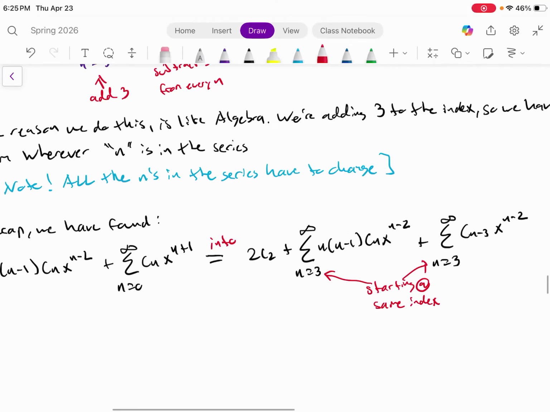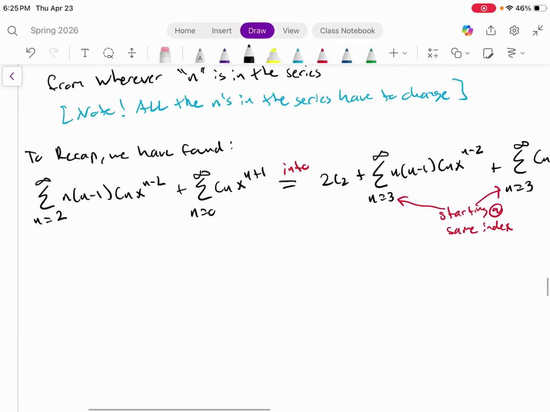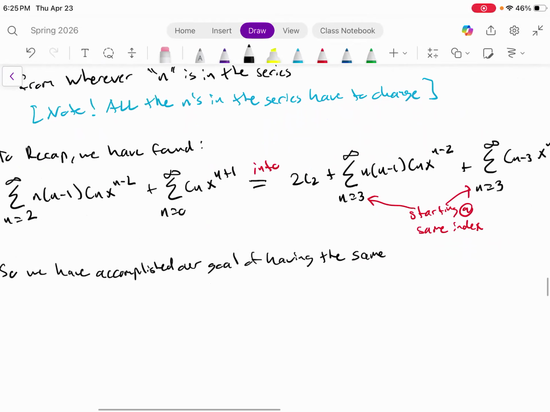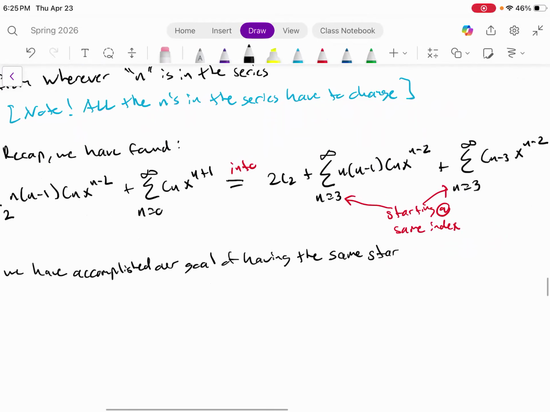Okay, so we have accomplished our goal of having the same starting index at n equals 3.